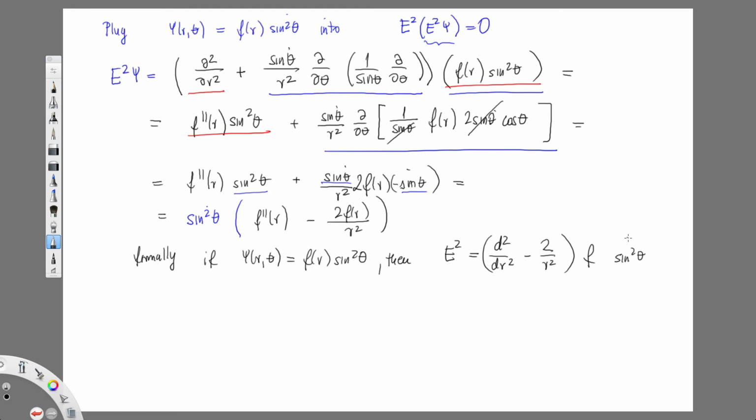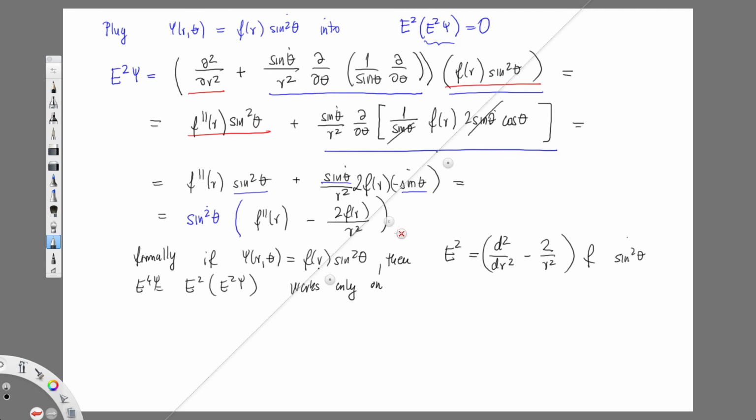Why am I doing this? Because I can simplify, now I have to apply it twice, right? So if I do E square of E square psi, it seems that nothing will happen to sine square theta, and I'm just going to work on f. Yes? At the operator there, we don't have f yet.